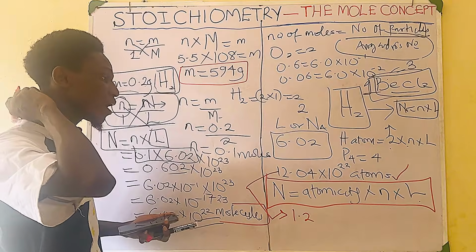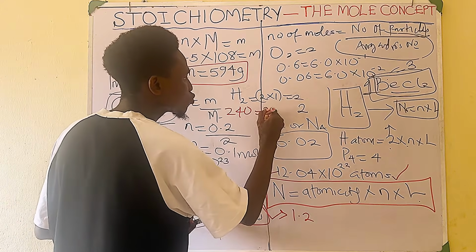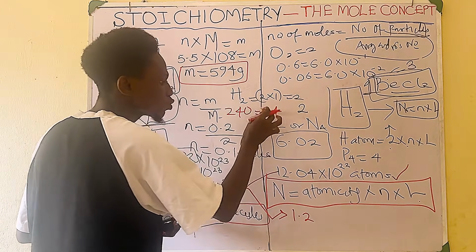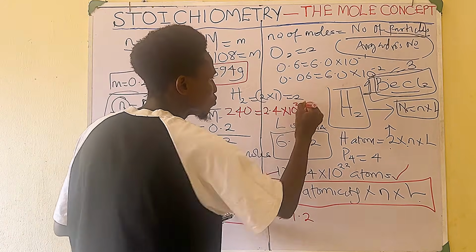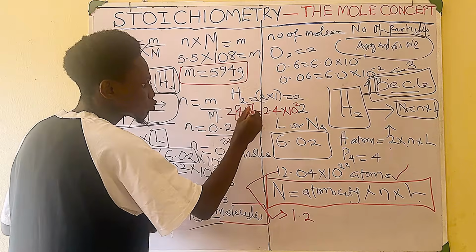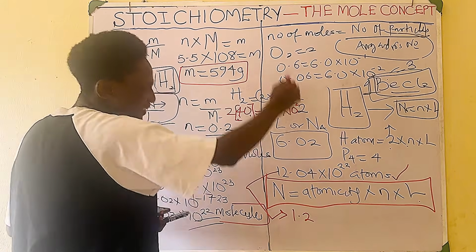Index form must have one figure before the point. If you have 240, it must change to 2.4. That's how you do index form. It's just the point between the first two numbers. From there, I have to make it times 10 power 2, because if you separate it, I have 2 figures before 2, after 2. So it's going to be times 10 power 2.